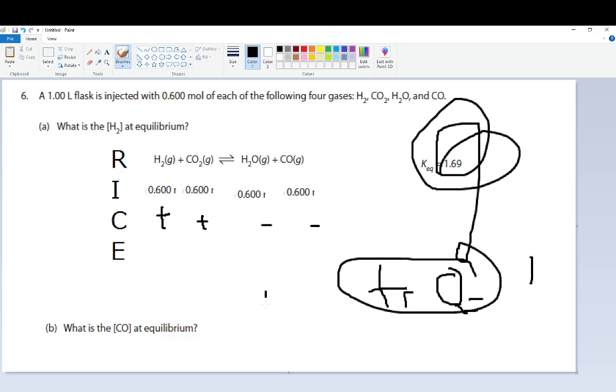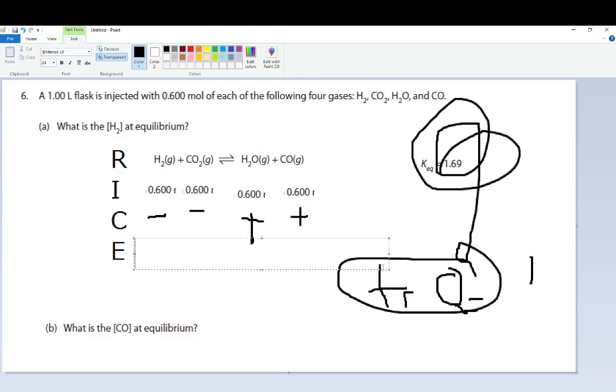That's simply because KEQ is products divided by reactants. So now that we know our KEQ must go up from 1 to this, we know to put the plus sign on this. And since the coefficients are all 1, it's just going to be plus 1x and minus 1x. And we have to figure out what it's going to become. So now this is quite easy. This is going to be 0.6 minus x.